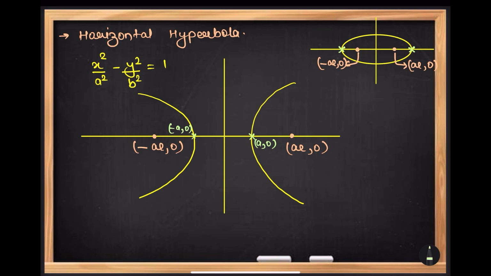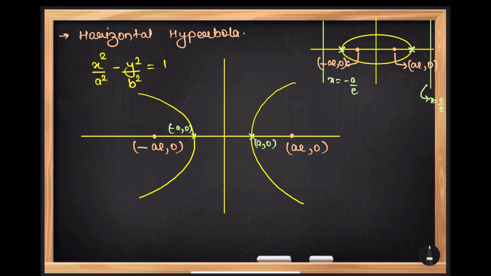Now do you remember this thing, like this one? Yes, it was the directrix, correct? So what was this? x equals to a by e, x equals to minus a by e.